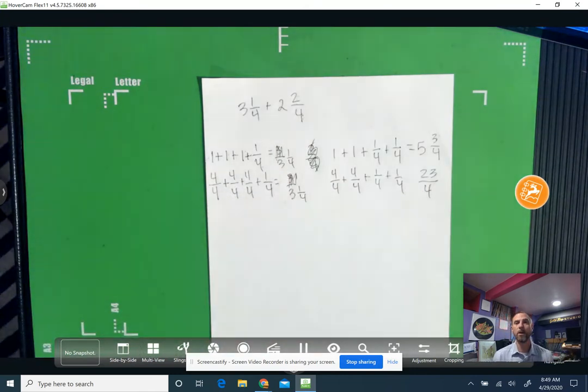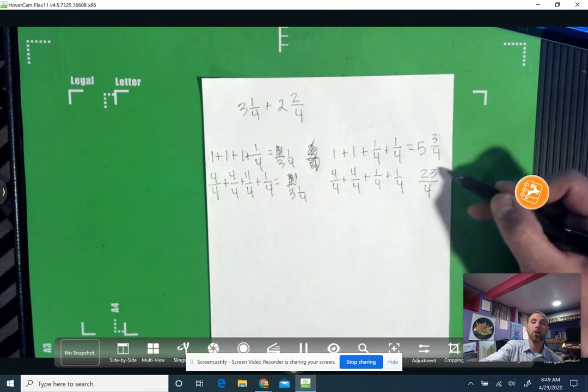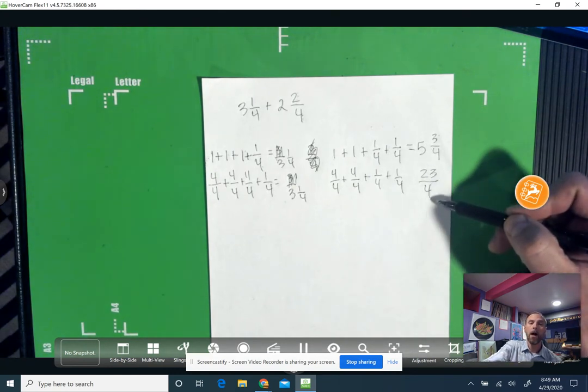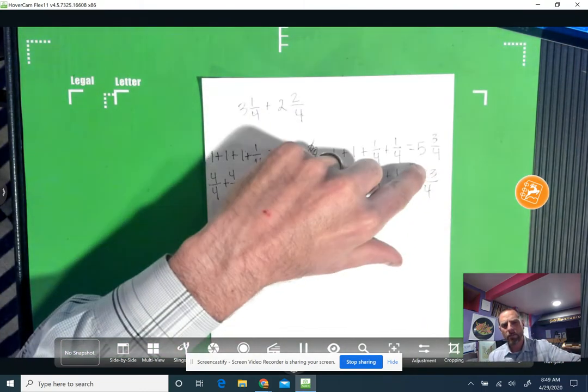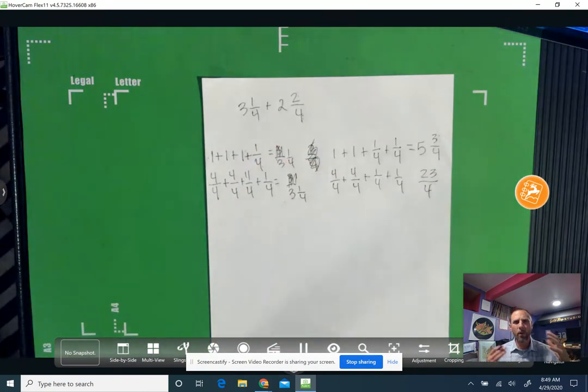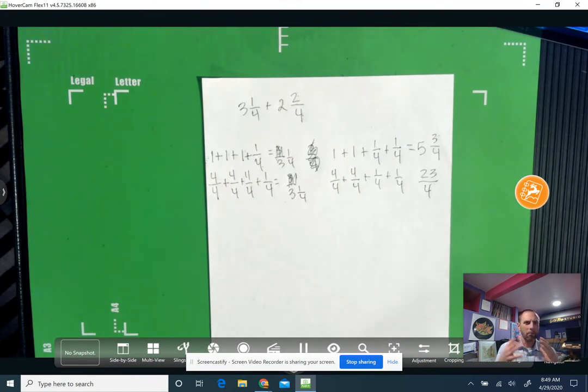23 fourths is what you call an improper fraction. That's a fraction that has a numerator that's larger than the denominator. It's called an improper fraction because a fraction, by definition, is a part of a whole. And if we have 23 fourths, we have more than just a part of a whole.